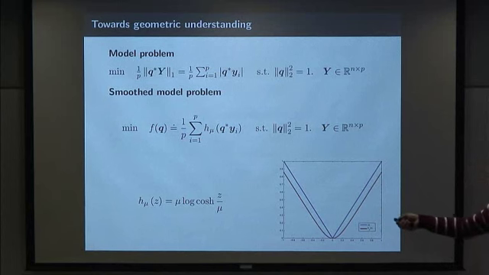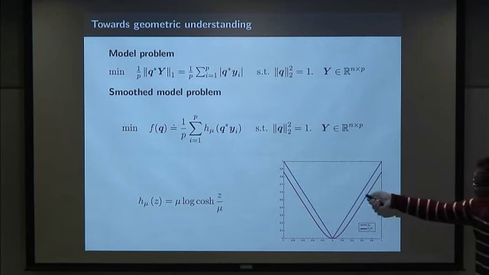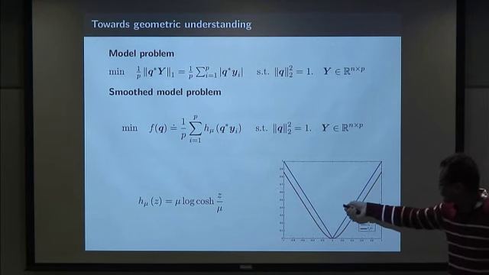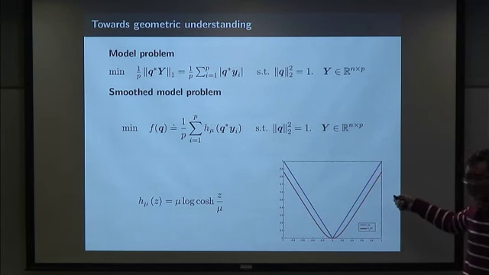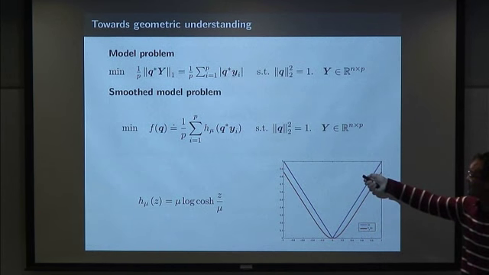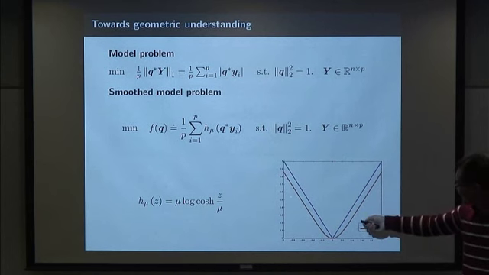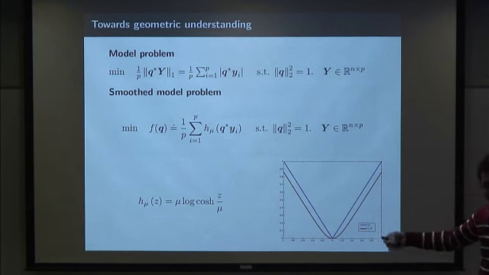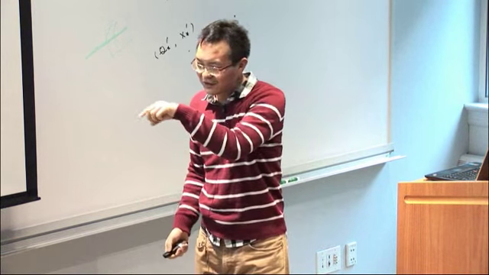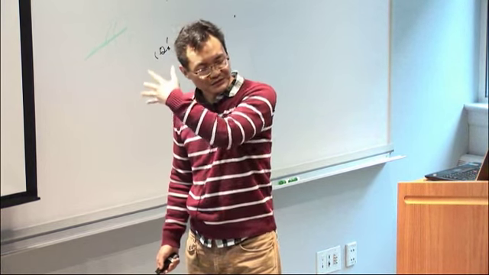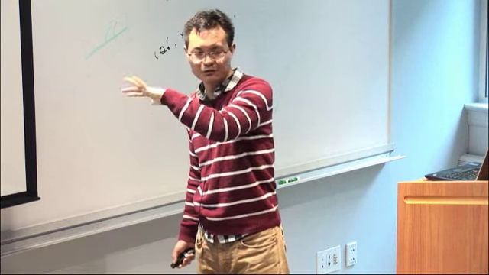What we really use for analysis is a smooth approximation to the absolute value function. The blue one is the absolute value function. We take the red one. The red one is a smooth approximation to L1, the absolute value function.